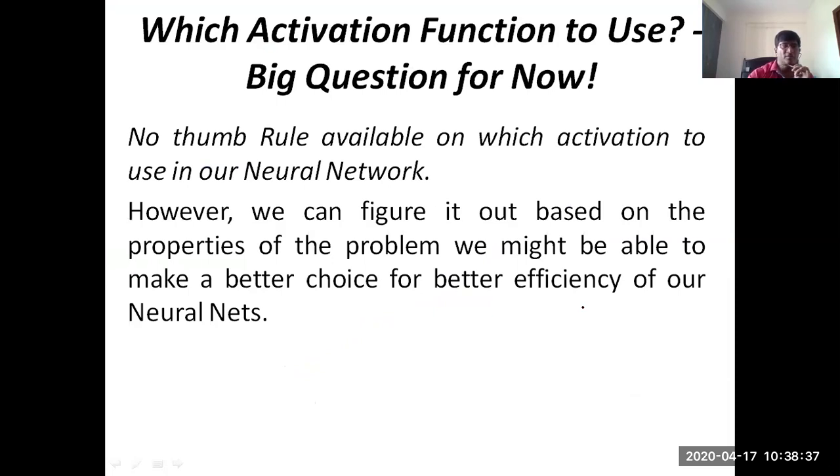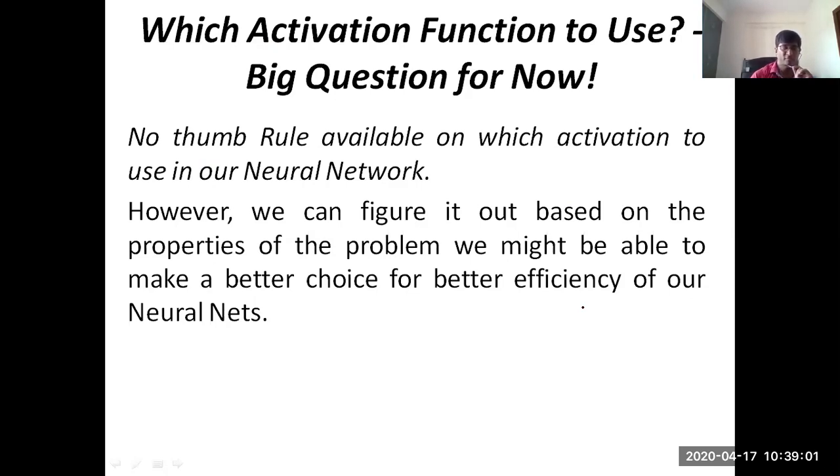If someone asks which activation function you should go for, there is no thumb rule. It all depends upon the way you have trained your network and which activation function fits better to your model. However, we can figure out a better choice based on the properties of the problem.